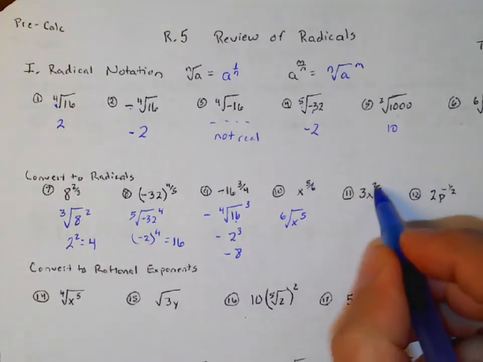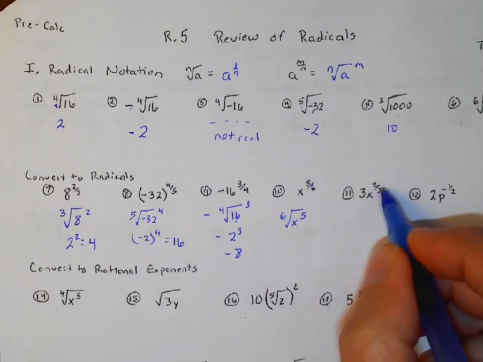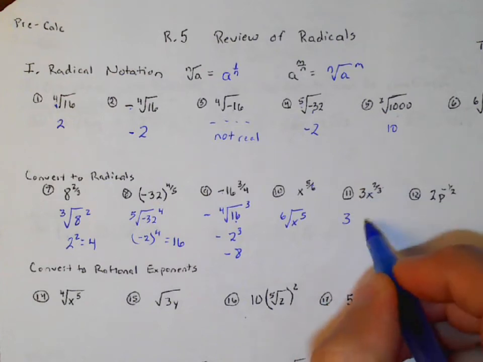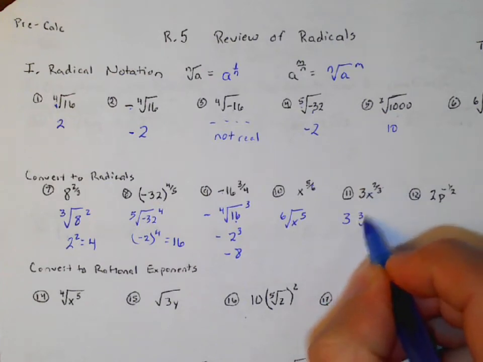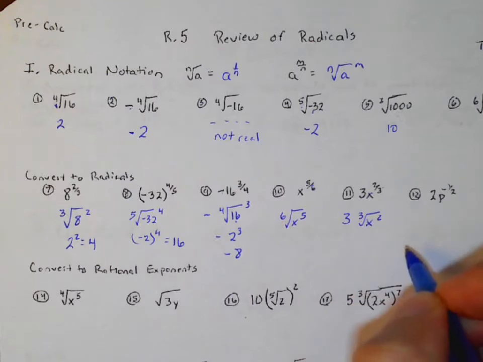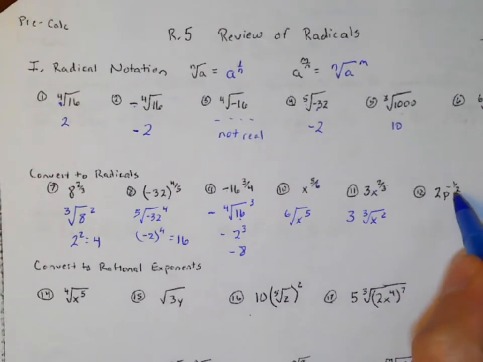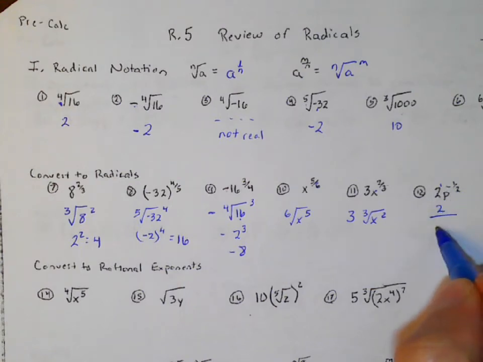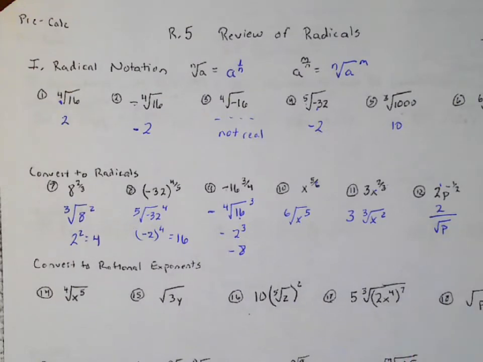Here, only the x is being raised to this power, not the 3, so the 3 stays there, out front. And then it's the third root of x squared. The 2 is a positive exponent, it's just a 1 in the index, so that stays. And this is negative, so it goes to the bottom, and that would be the square root. This would be the fourth root of 3a plus b.